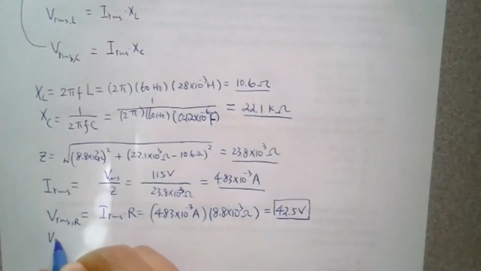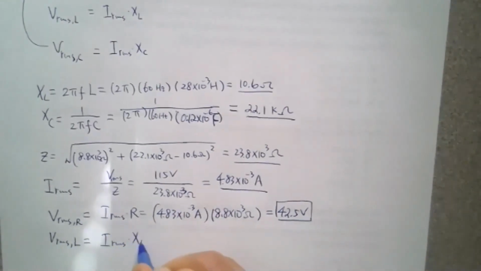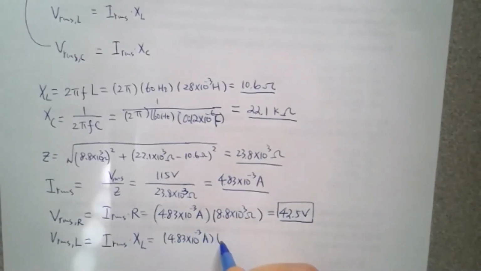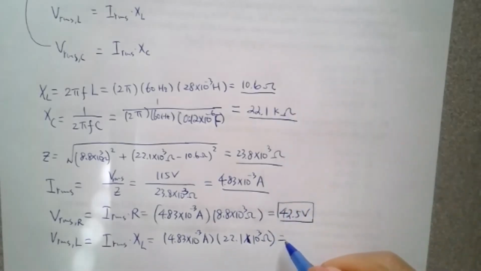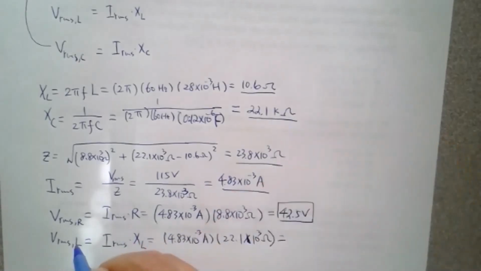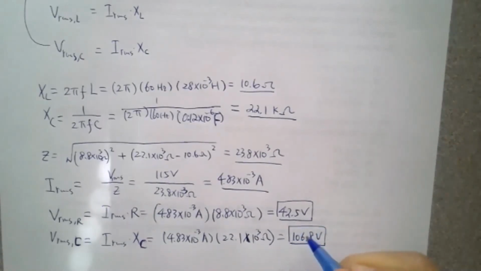The VRMS on the capacitor is IRMS times XC, 4.83 times 10 to the minus 3 times 22.1 times 10 to the third ohms. That would be 106.8 volts on the C.